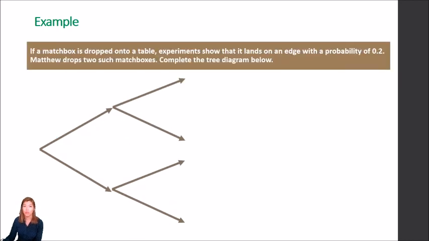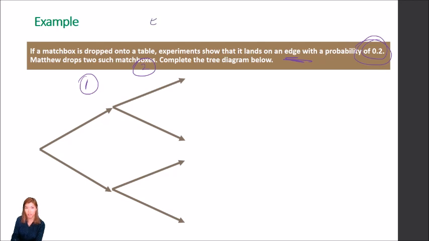If a matchbox is dropped onto a table, experiments show that it lands on the edge with a chance of 0.2. Matthew drops 2 boxes. Complete the tree diagram. So this is the first drop. This must be the second drop. And we have edge, so the opposite of that will be not edge. And remember, they have to add to 1.